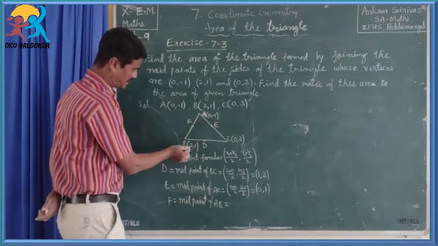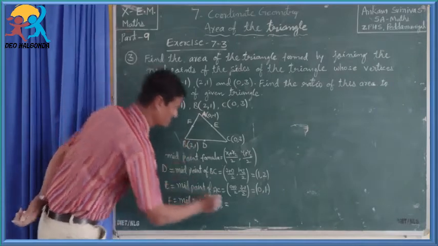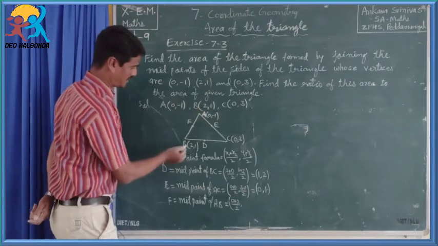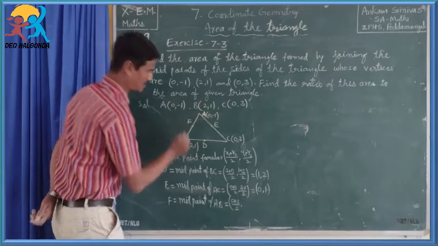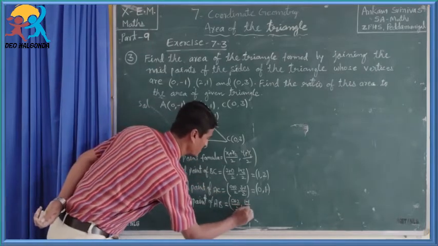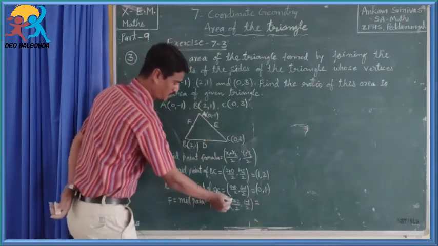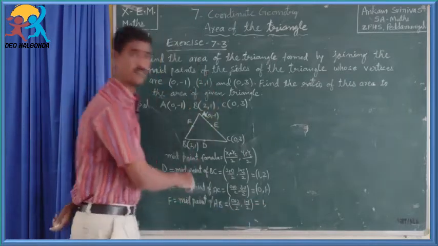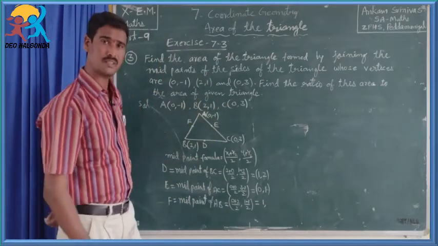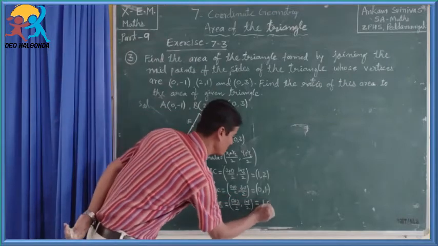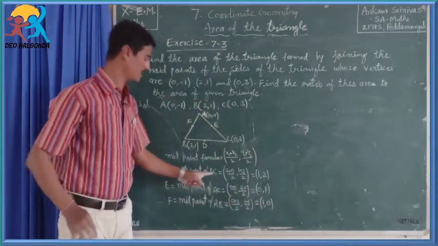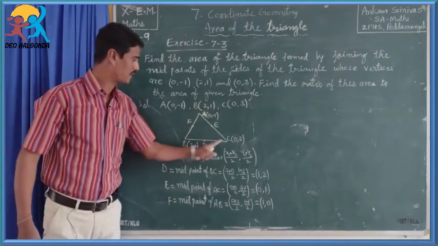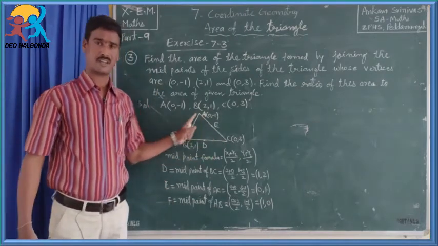Now here, what is the sum of the first coordinates? 0 plus 2 by 2, comma, second coordinates 1 plus minus 1 by 2. Here 0 plus 2, 2, 2 by 2 equals 1, and 1 minus 1, 0, 0 by 2 is always 0. So we found the coordinates of the midpoints of the given sides of a triangle.